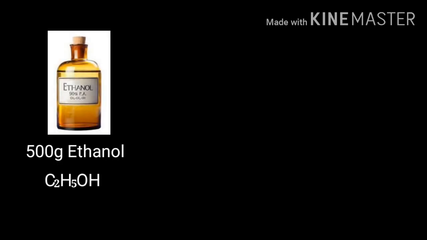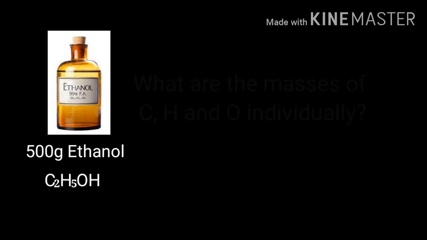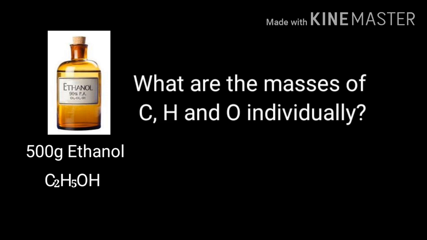Similarly, you are provided 500 gram of alcohol which contains carbon, hydrogen and oxygen. How can we calculate the masses of carbon, hydrogen and oxygen separately present in this 500 gram of alcohol?